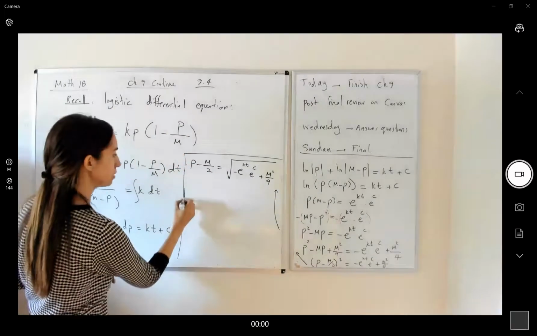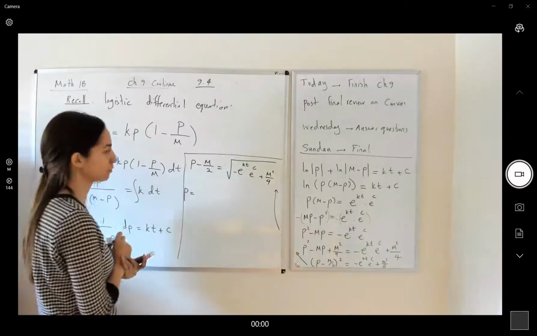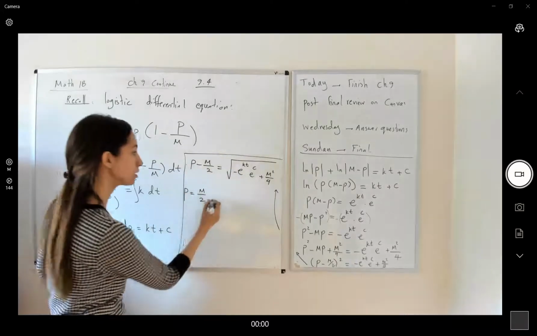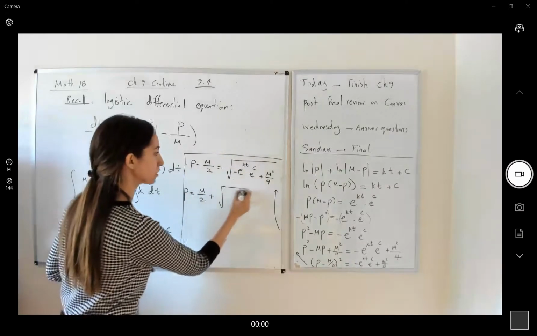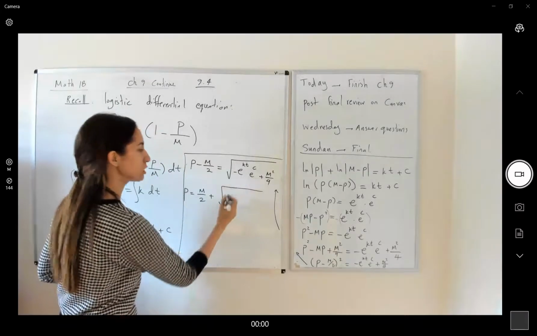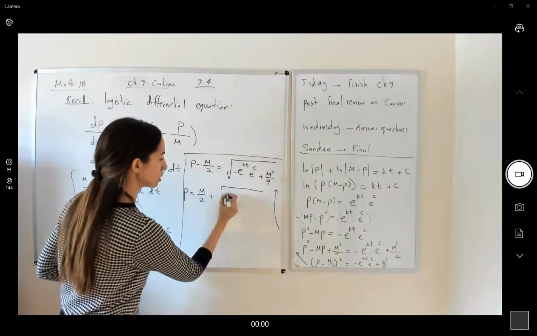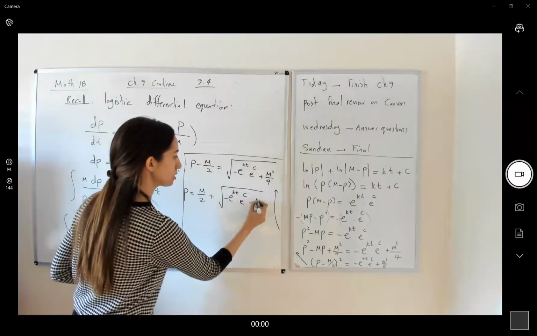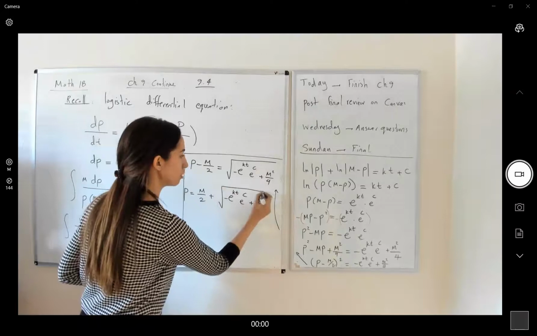So your P is equal to M over 2 plus the square root of negative e to the kt e to the C plus M squared over 4.